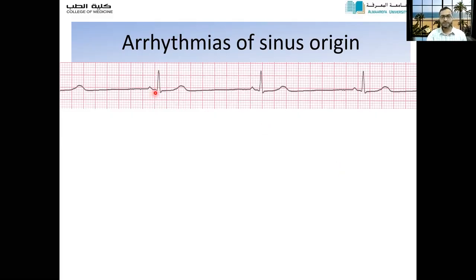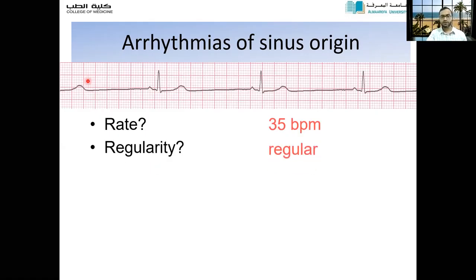So if you follow the same 5 steps we have done before, the first step is regularity. Sorry, rate or regularity. Here the step has moved different. First thing is regularity. So it was regular here. The rate, if you measure it here, this is the R wave falling on the darker line, 1, 2, 3, 4, 5, 6, 7, 8.